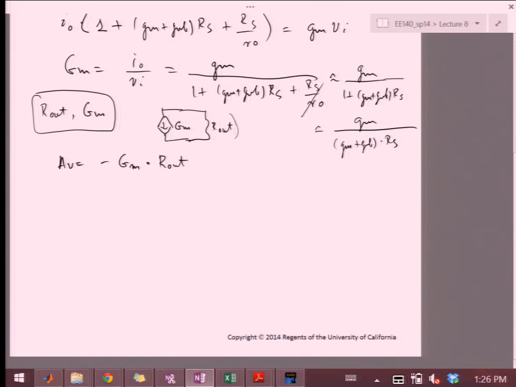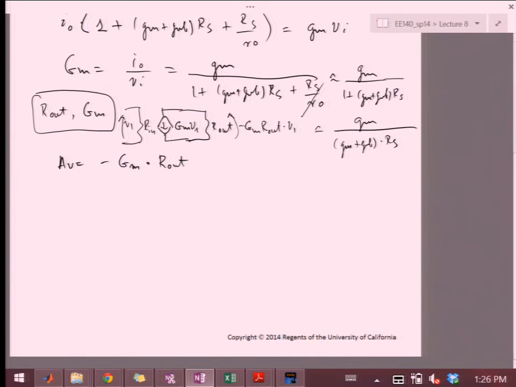So the voltage, so gm V1, right? And then there was here Rin and V1. So this voltage must be minus gm Rout times V1, right? So my gain is minus gm Rout.